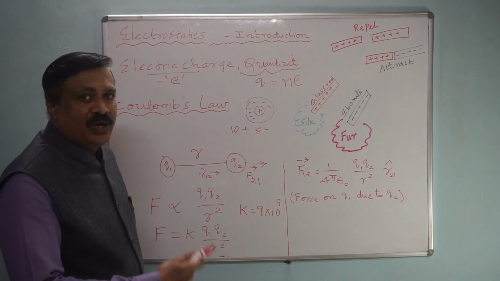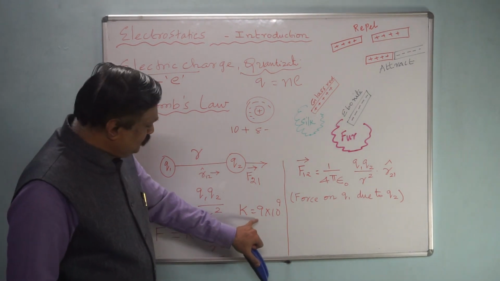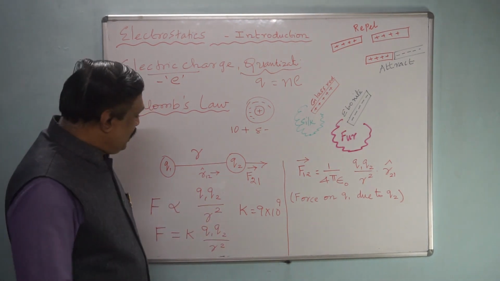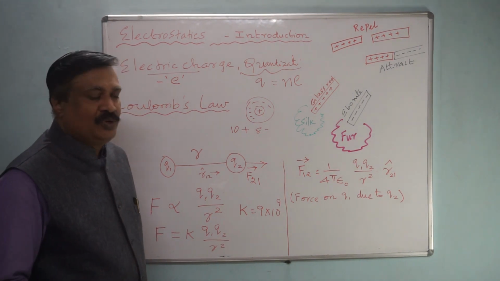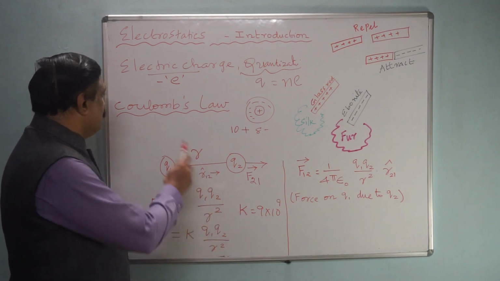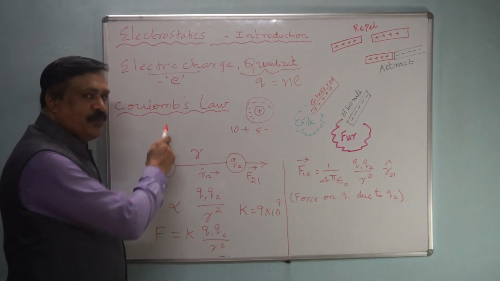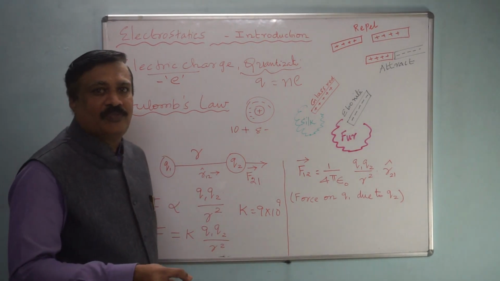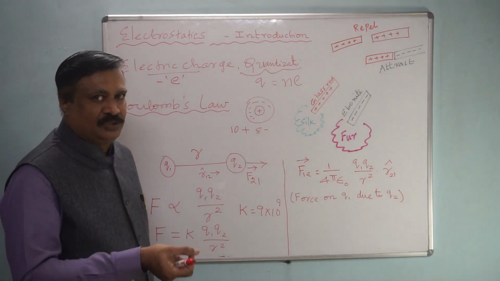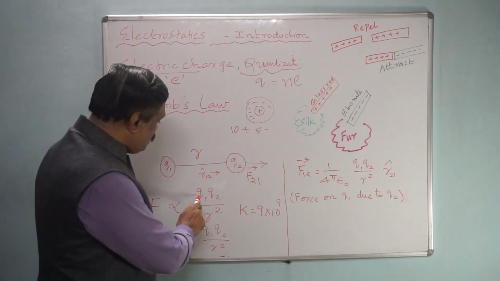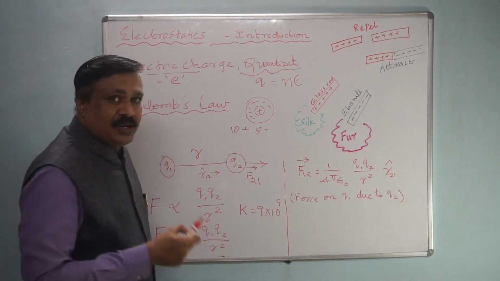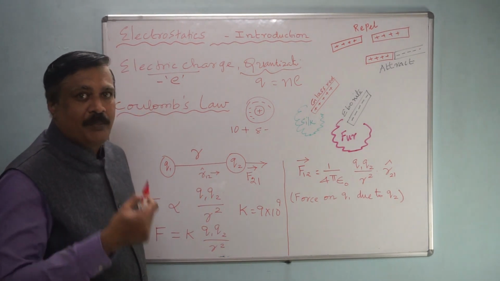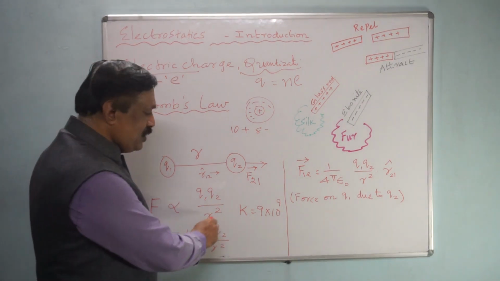And you can write the unit also for this. Now, what is the unit for charge? The unit for charge is Coulomb, named to honor the scientist. Here, charge squared is Coulomb square, and r square in SI units is meter square.